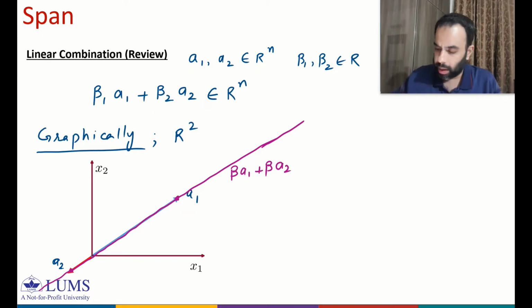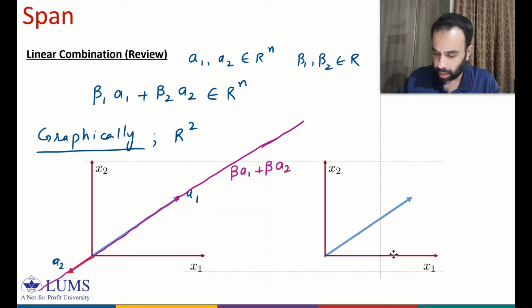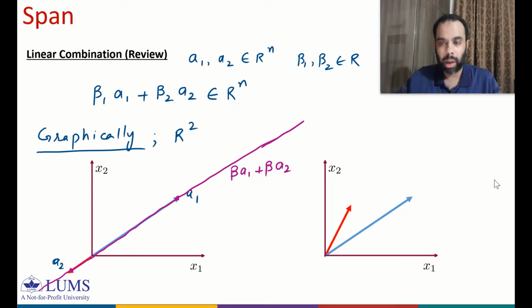Let me take another example. Say I again take the same a1, and now we take a different a2. The question here is, what are the possible linear combinations of a1 and a2? You're free to choose again beta1 and beta2.